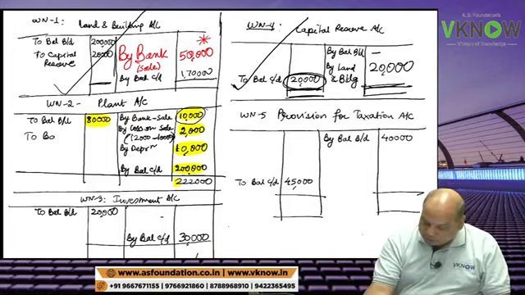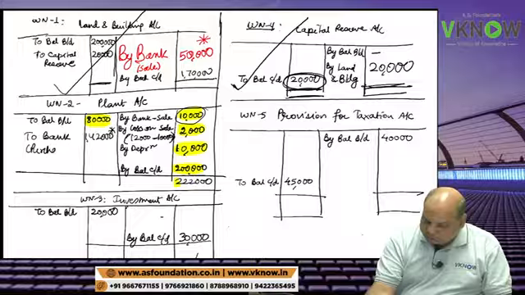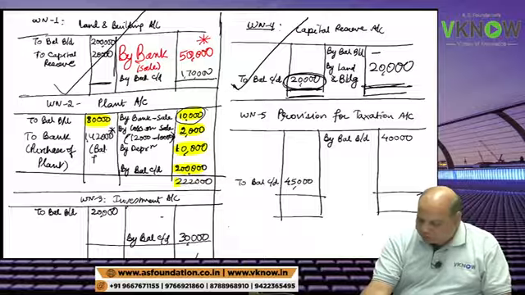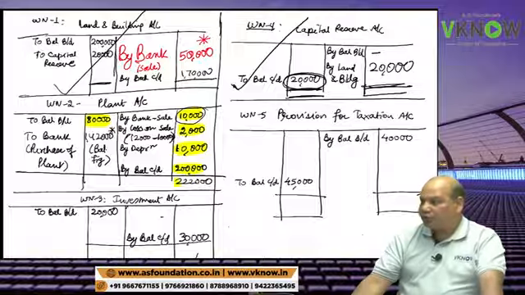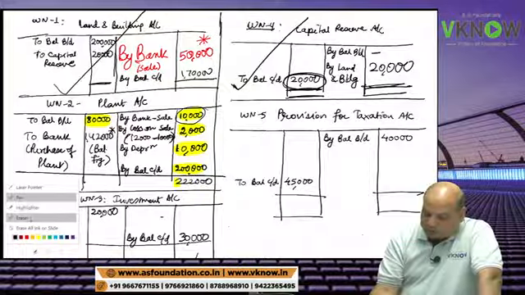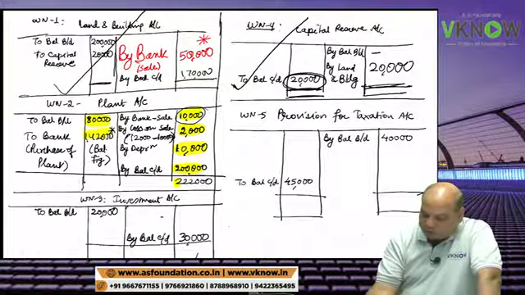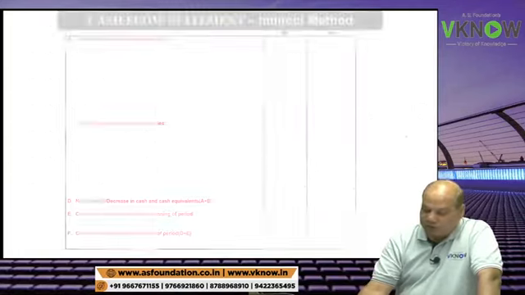So you will write down to bank 1,42,000 and in bracket write down purchase of plant. Balancing figure, also write it down if you have space. Balancing figure 1,42,000. This 1,42,000, purchase of plant, we are going to write in investing activities.